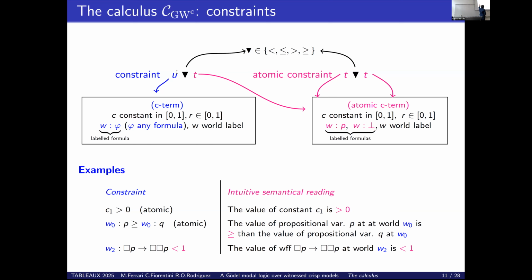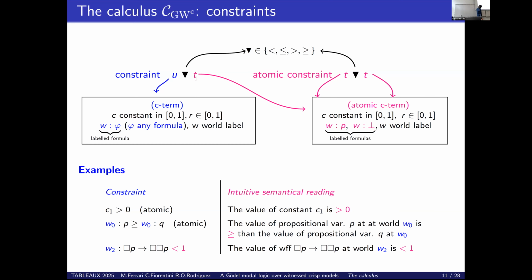An atomic constraint is the same when you consider as labeled formulas only atomic formulas. The constraint has a general constraint on the left and an atomic constraint on the right, or atomic constraints on both sides.